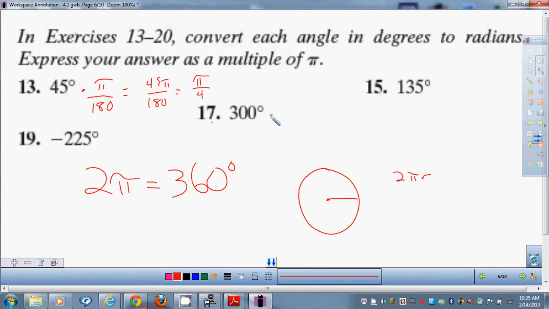So that's 300 pi over 180. Let's see, you can divide top and bottom by 60 and get 5/3 pi. And that is the radian equivalent of 300 degrees. Leave your pi's in there. Don't bother finding a decimal.